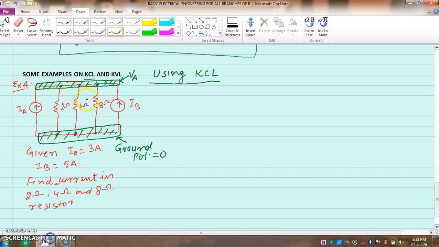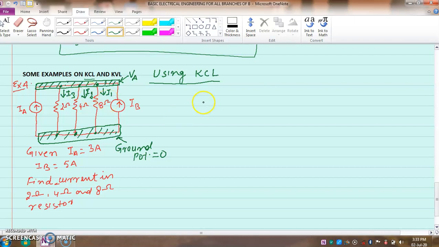You assume that all currents are going outside from this node. How many elements are there? 1, 2, 3 elements are there. So you may assume that all currents are going outside from this node. Let it be I1, I am writing here. Suppose this value of current is I2 and this value of current is I3.